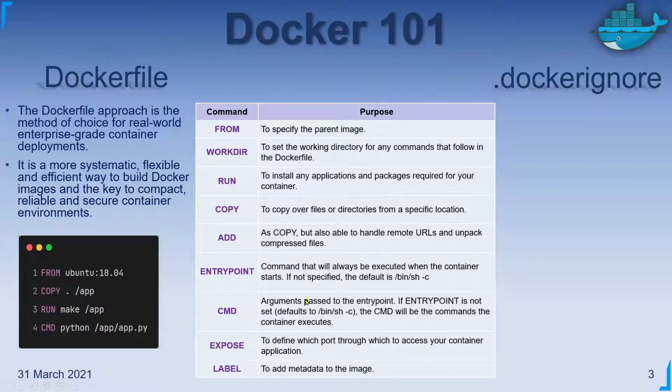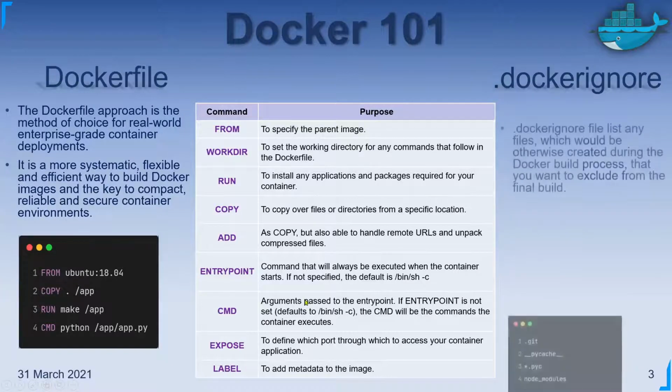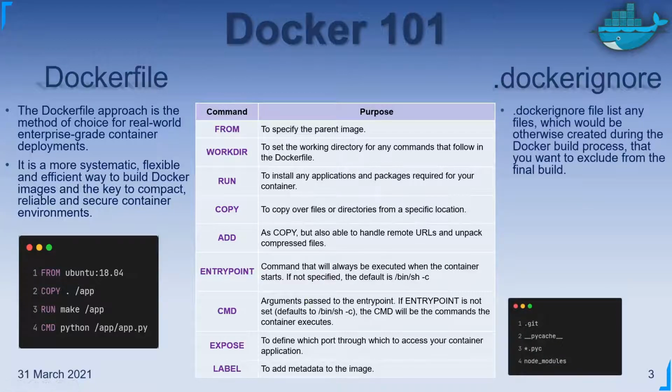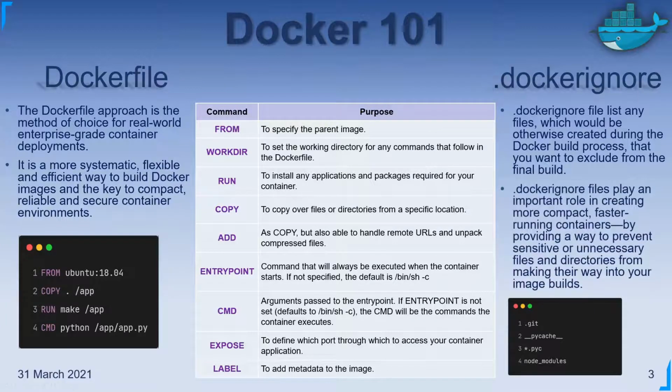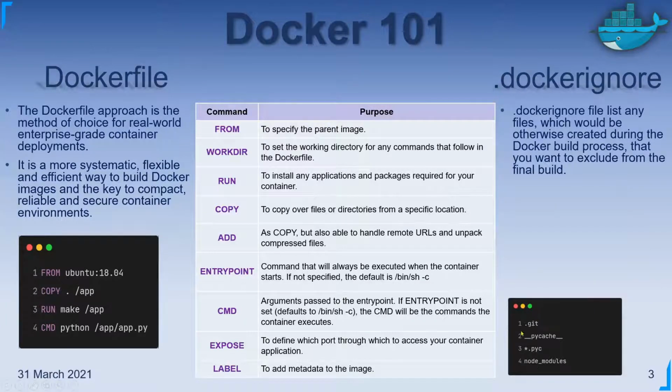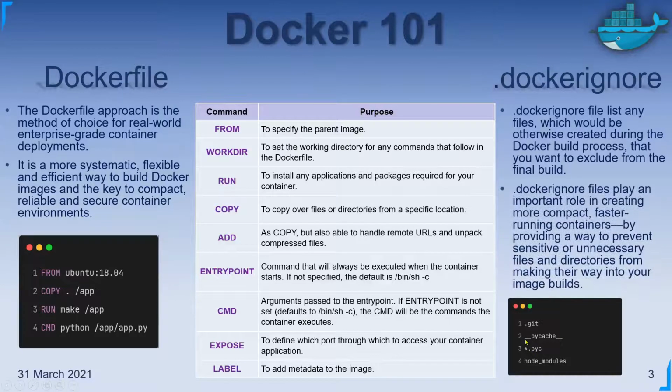It plays an important role in creating more compact and faster running containers. In this example, we see the .git folder, node_modules, and so on will be excluded while building the image. This works in a similar fashion to a .gitignore file.